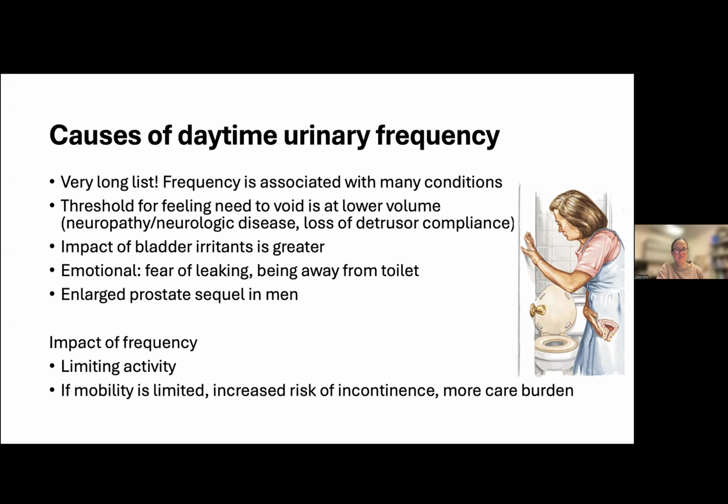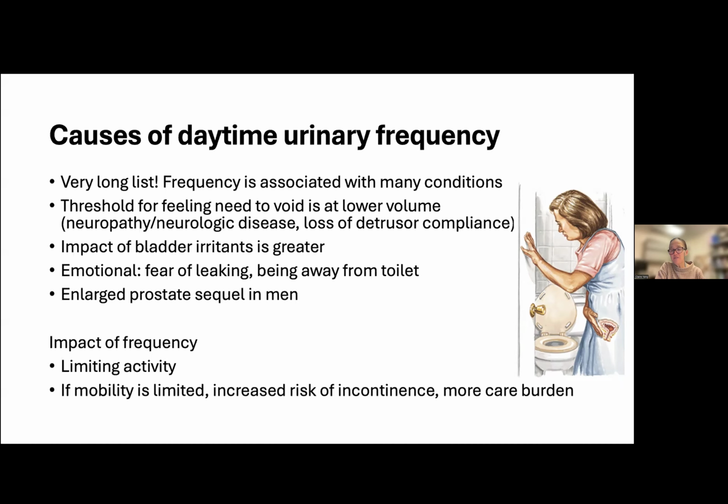There are certain beverages and foods such as alcohol, caffeine, carbonation, citrus juices. Those are known as bladder irritants, and the impact of those beverages is greater in the older adult than in the younger adult.